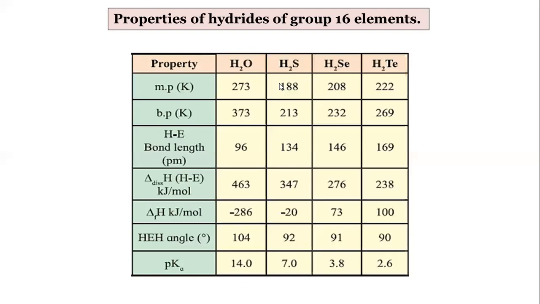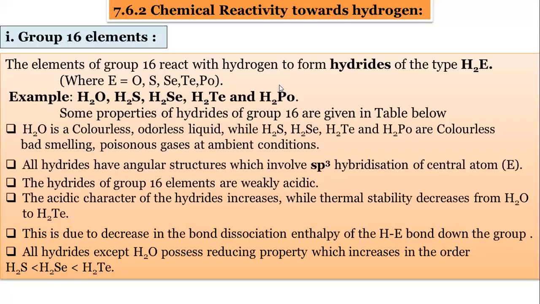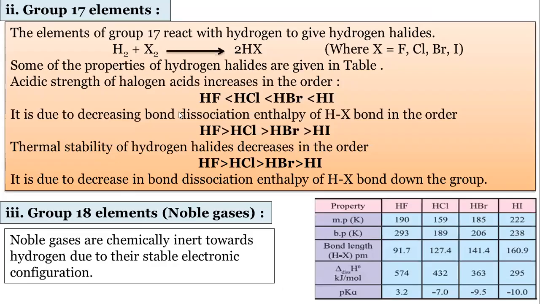But I want to again remind you one thing for the board examination. This is very important. The reactions of group 17 elements with hydrogen form hydrogen halides. For the board examination, this question is asked: which is a weak acid and which is a strong acid. Remember, acidity always depends upon the compound from where the hydrogen is easily removed.